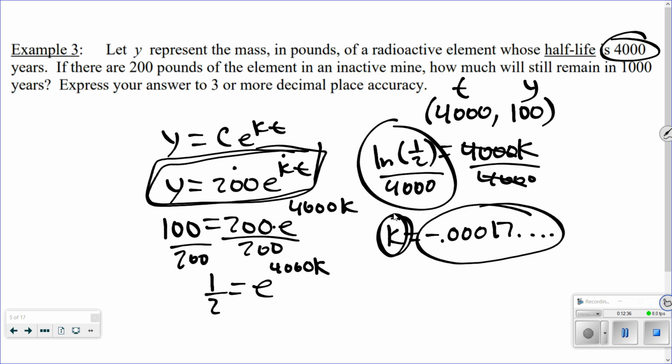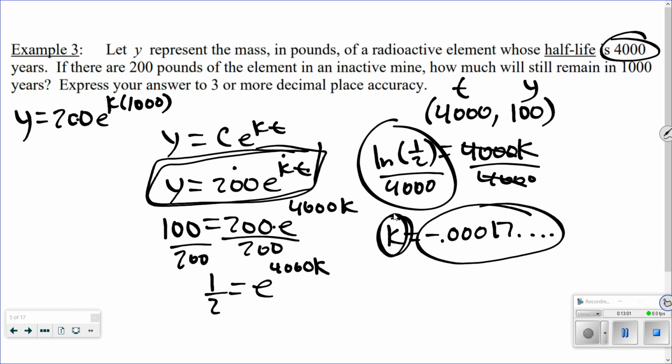So the question is, how much will remain in 1,000 years? So I'm just going to plug 1,000 in for t. So in my calculator, I'm going to have y equals 200 e to the k times 1,000. Okay, so grab your calculator, plug that in there, and we know what k is. The calculator knows what k is, right? We stored it in there.